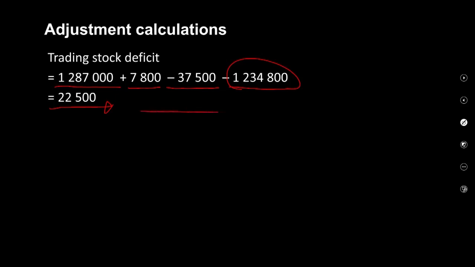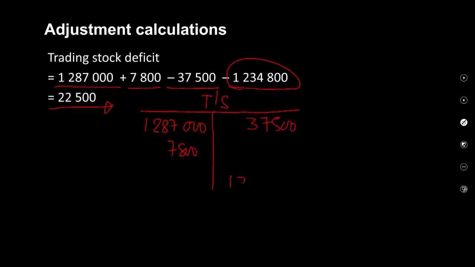Let me just show you the trading stock account as a T account. Opening balance, 1,287,000 is your opening balance. Add the 7,800, less the 37,500 that was stolen, and your closing balance has to be 1,234,800. So if that's the information that you have, the missing figure will be what?